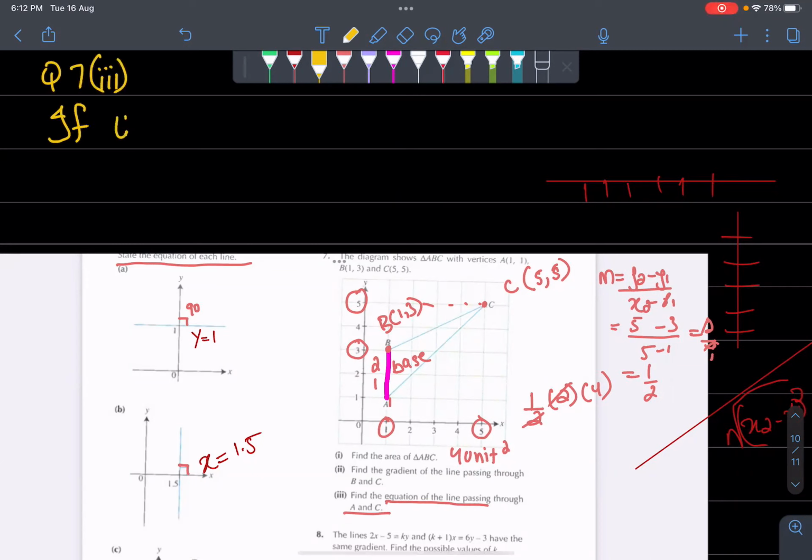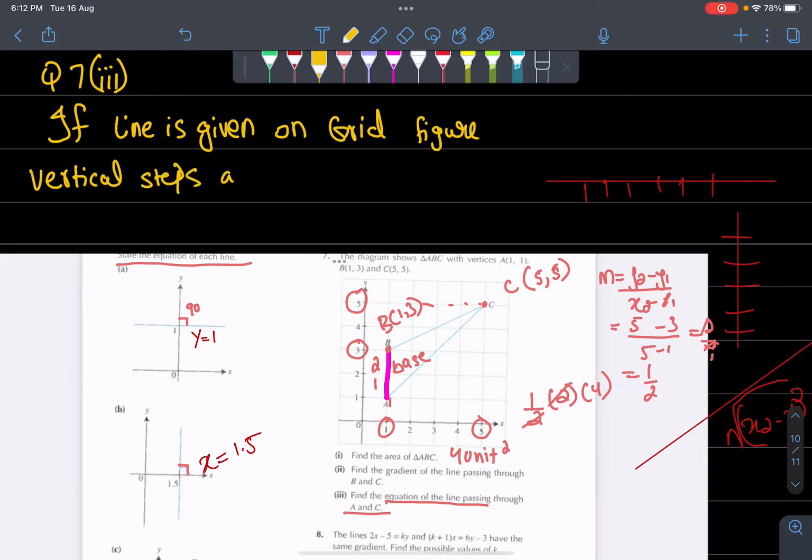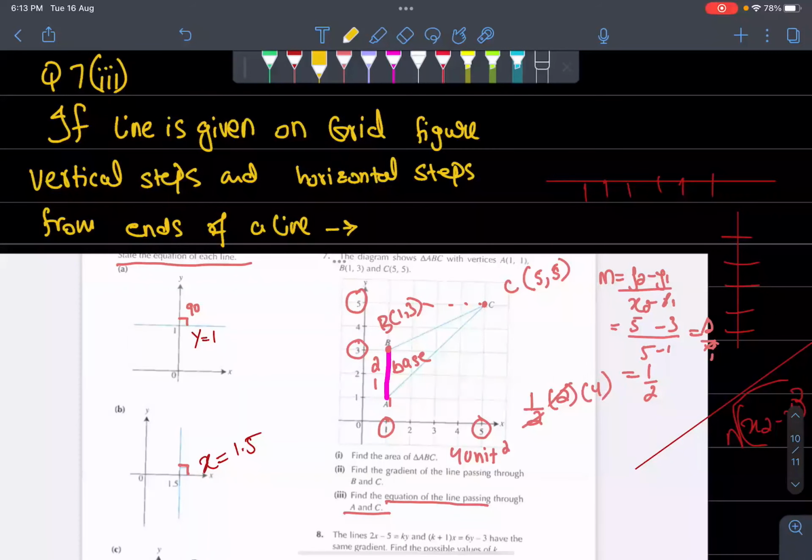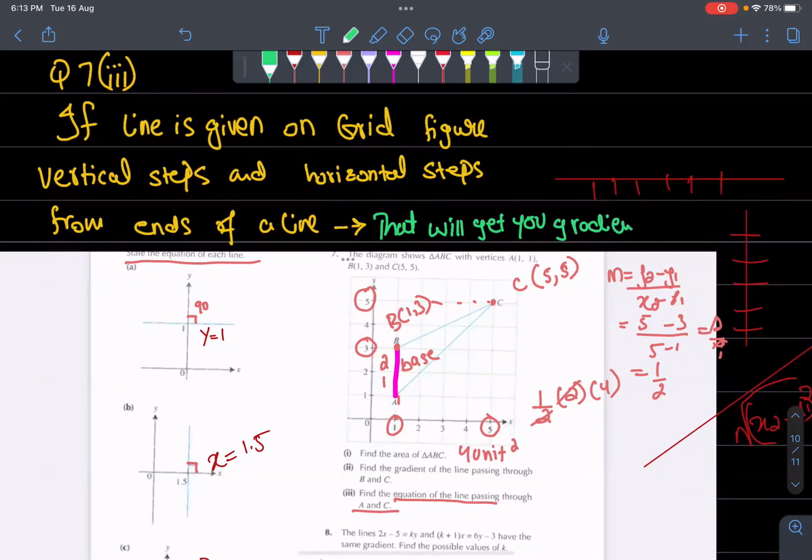If line is given on grid, by grid I mean x-axis and y-axis are given, figure out vertical steps and horizontal steps from the ends of a line. That will get you the gradient. Okay.